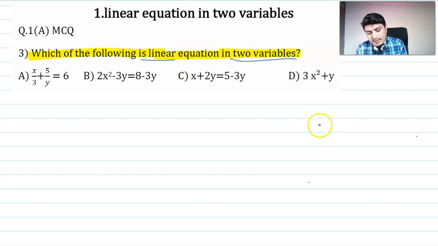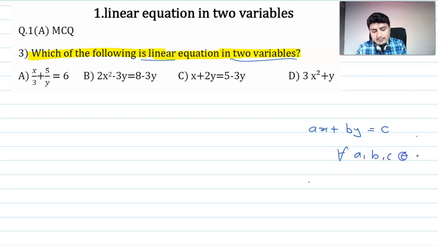Look at the general form of a linear equation in two variables. If x and y are the variables, ax plus by equals c, for all a, b, c belonging to the set of real numbers, and provided one more condition: a never equals 0 and simultaneously b never equals 0.